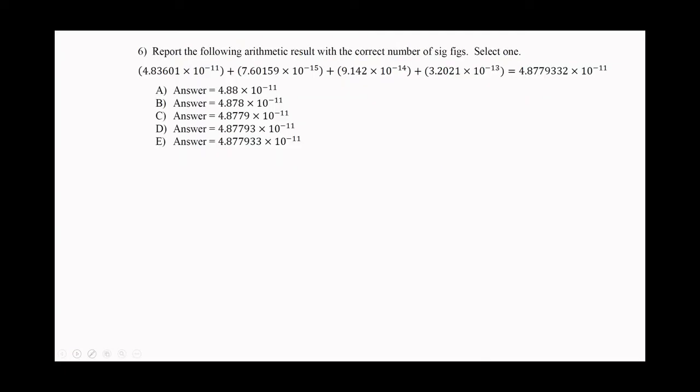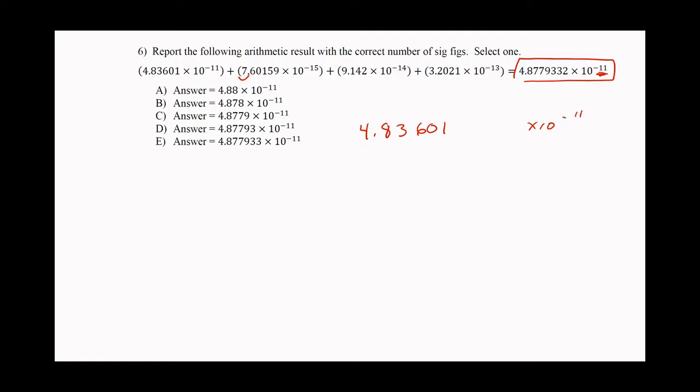Report the following arithmetic result with the correct number of sig figs. Select 1. Okay, so remember how we solve these? We set everything to the power of the answer. So let's start on the left. We have 4.83601 times 10 to the minus 11. Here we have to the minus 15.